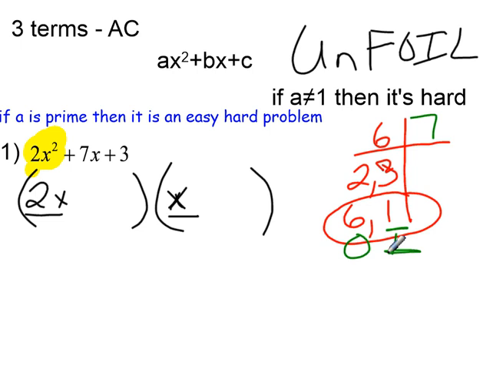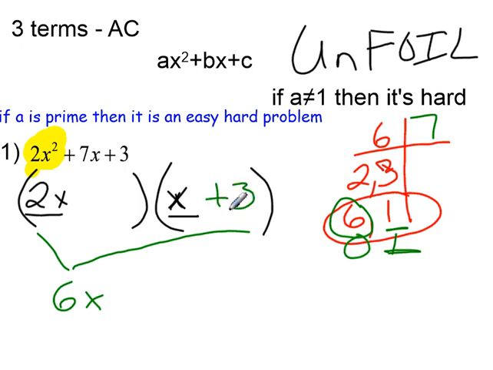But what I do know is that when I multiply outer, I've got a 2x up front, so this has to be a multiple of 2, and the only magic number that's a multiple of 2 is 6. So 6x comes from here, and 2x times positive 3 gives me the 6x. So 6x is done. Now, my other magic number is a 1, so inner times inner has to be 1x. So x times positive 1 gives me the 1x.